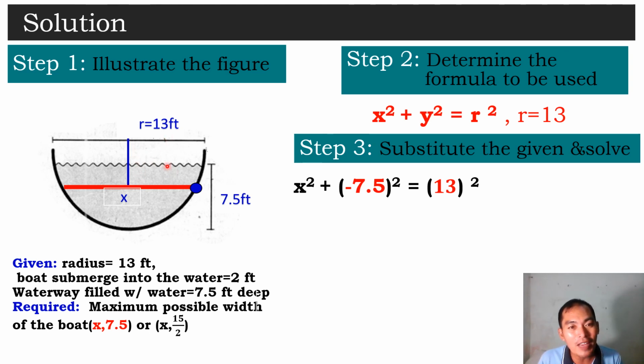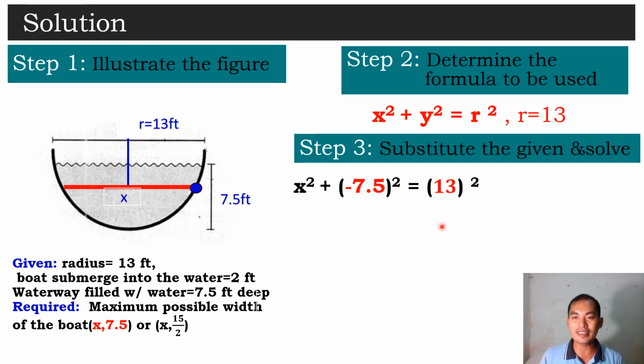So, 7.5 ang kukunin natin. Itong portion na ito, ano ang value niyan? Okay. So, that is negative 7.5. Hindi po itong 7.5 na given because this is the water na ilalagay dito sa water channel. Itong naman, it is the measurement galing doon sa taas pababa para malaman natin kung gaano kalaki ang bangka na dapat makalagay dyan. Maximum possible value, width.